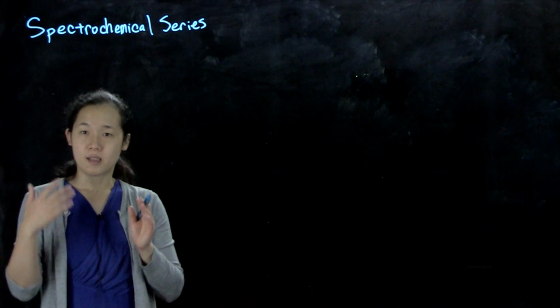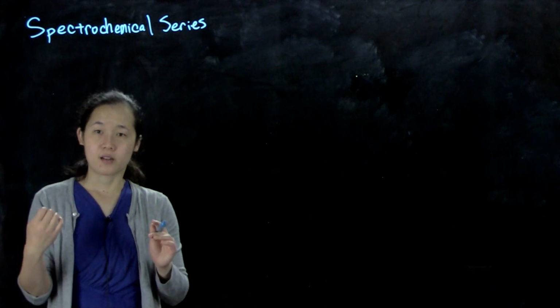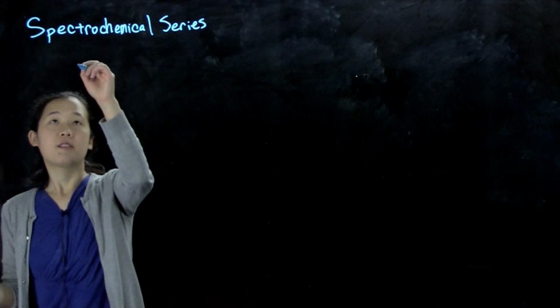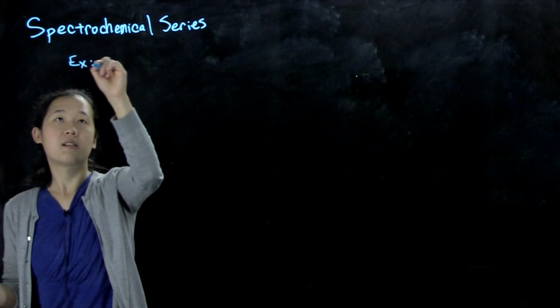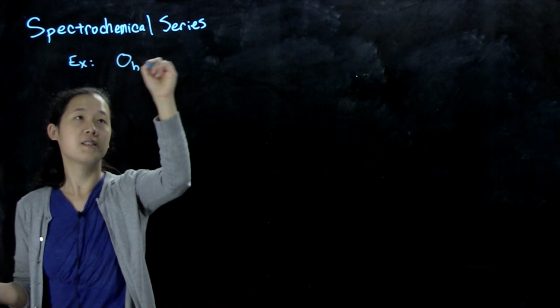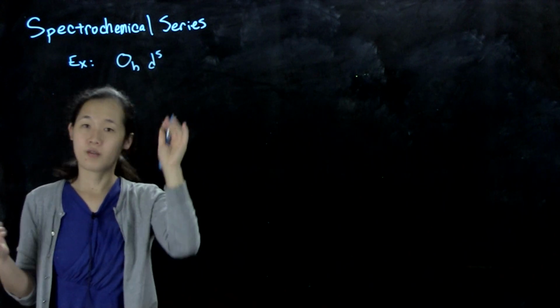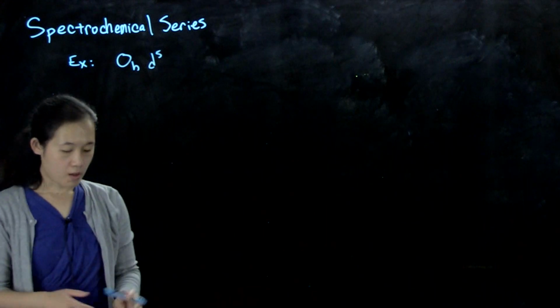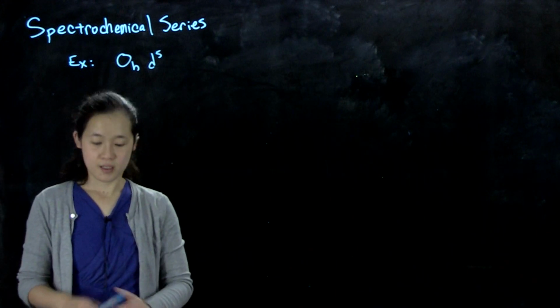But let's talk about what that actually means for us when we're looking at complexes. Like why the d-d splitting, our delta, matters. So as an example, let's consider an octahedral complex, d5, so 5 d electrons. There are multiple possible configurations.